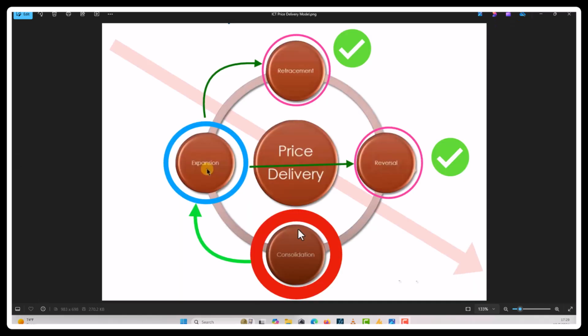All right, so basically we return to the famous ICT price delivery model. Everything right here starts with consolidation, and you see the red circle around that. From there it starts a motion, right?